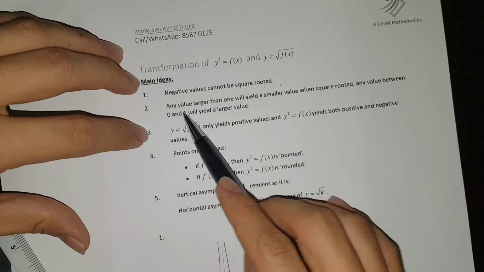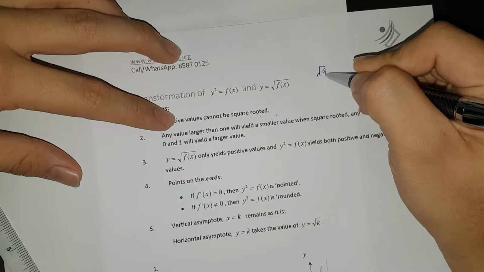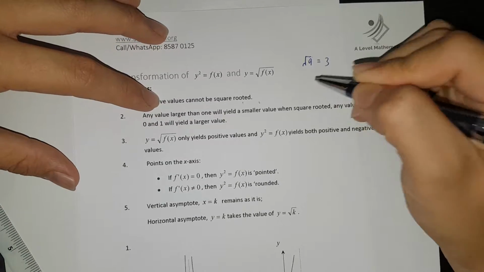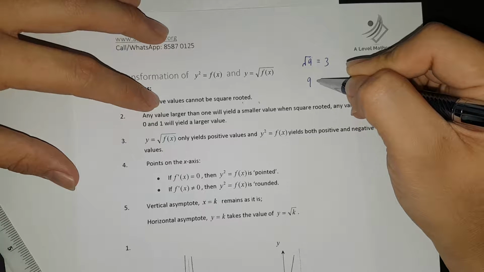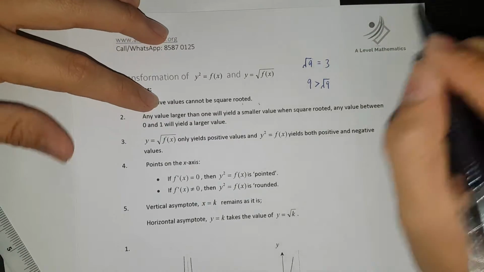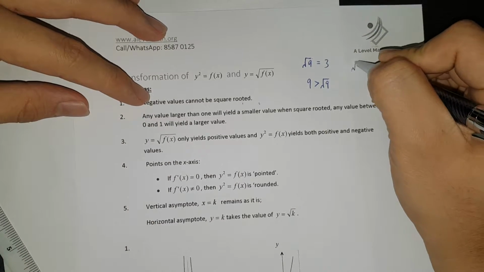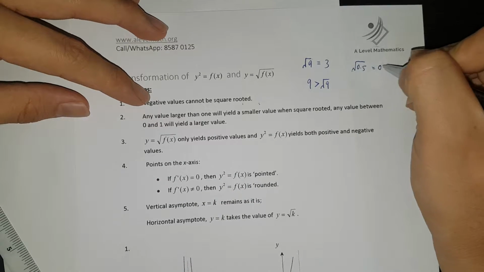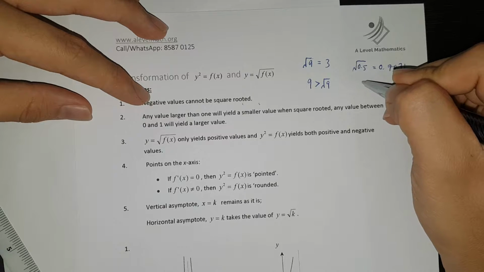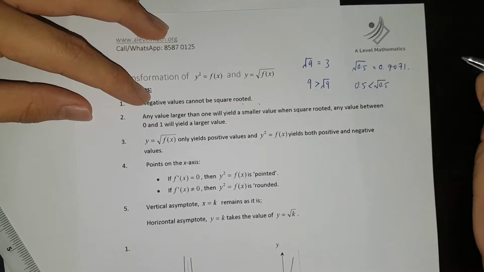Then the second part is that we ask ourselves whether, when we square root a number, we always get a value which is smaller than the number. For example, 9 is actually bigger than square root 9. But does this always happen? The answer is no. For example, if you square root 0.5, you will get 0.7071 something, and you realize you get a bigger number, because the square root of 0.5 is bigger than 0.5.